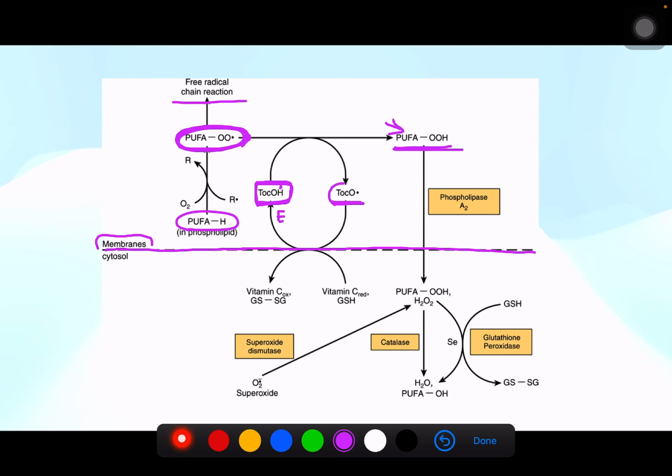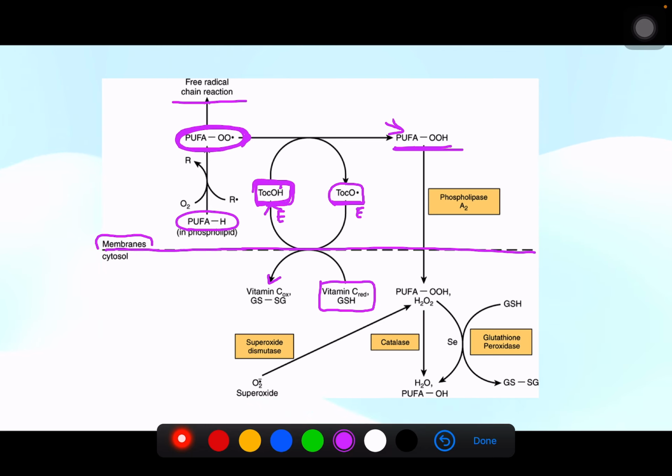So this alpha tocopherol radical, or the vitamin E radical, which is formed in this reaction can again be converted to alpha tocopherol with the help of vitamin C. So this vitamin C, the reduced form, can convert into the oxidized form, thereby your tocopherol radical can get converted to alpha tocopherol.